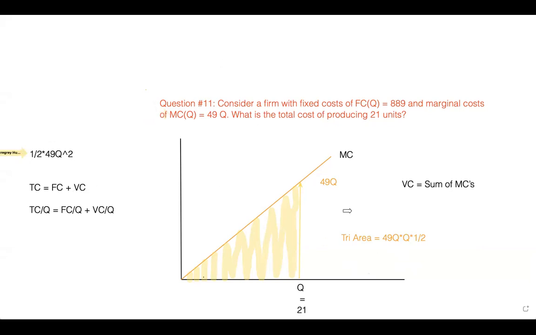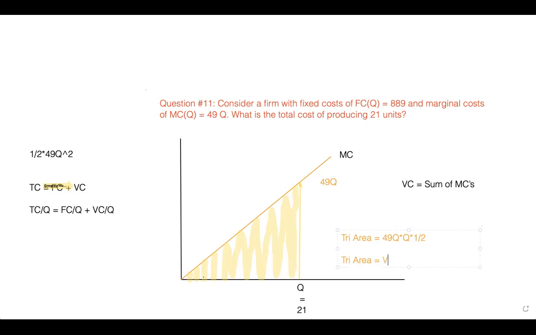So yeah, anyway, to finish up, we compute the variable cost, and you all have your calculators with you, so I'll let you do it. I'll put the numbers in.